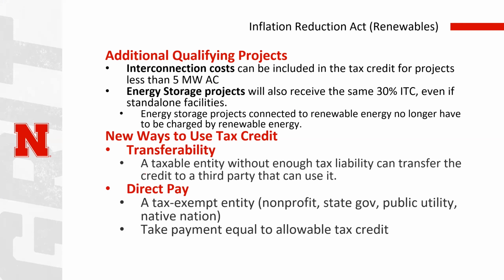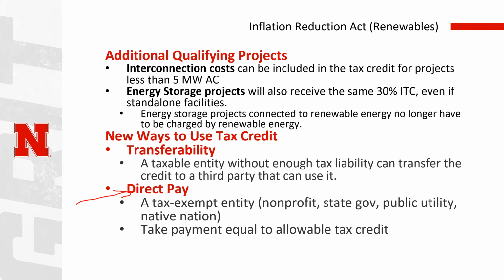Some other things happening, and this is a slide talking about some of the other things happening in the Inflation Reduction Act, but the one I wanted to point out was this bottom one here, the direct pay option. Prior to the Inflation Reduction Act, you had to be a taxpayer to get a tax credit. That seems pretty obvious, but they're creating a direct pay option so that tax exempt entities can get a payment in lieu of the tax credit equal to the allowable tax credit.